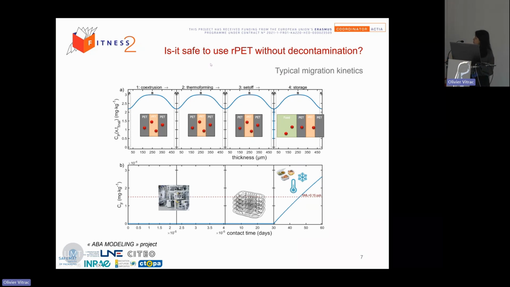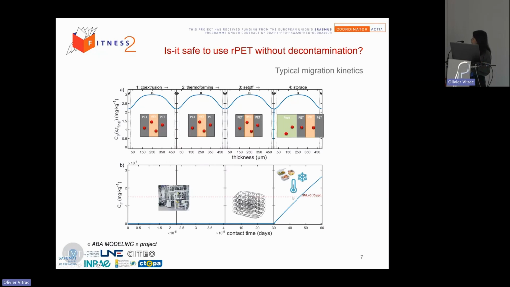As you can see, the substances coming from layer B start to migrate from B to A, so the functional barrier is compromised. After a few seconds we already have contaminants in layer A, and after set-off and storage the migration starts very rapidly.